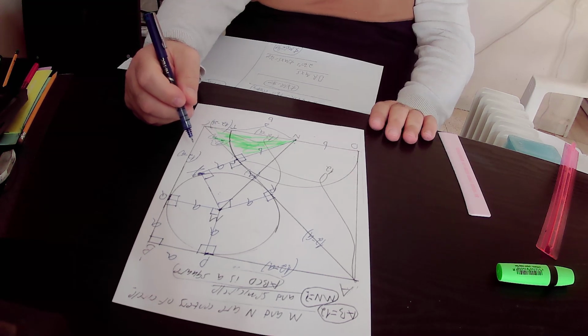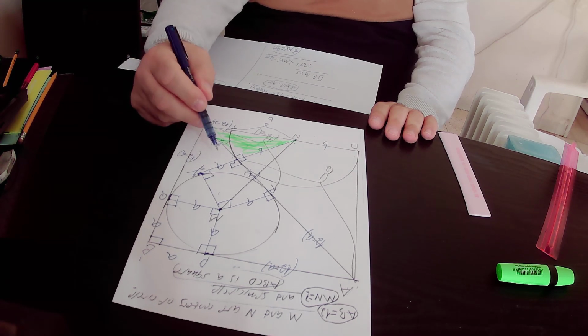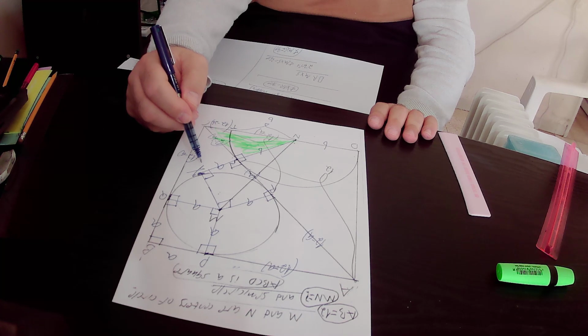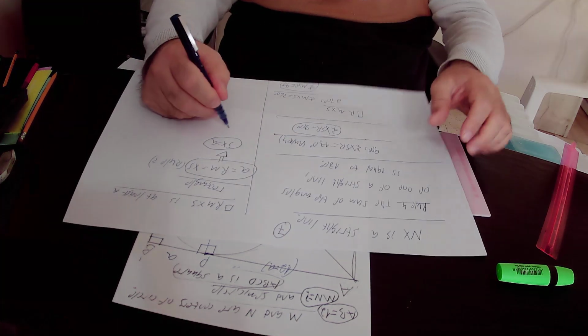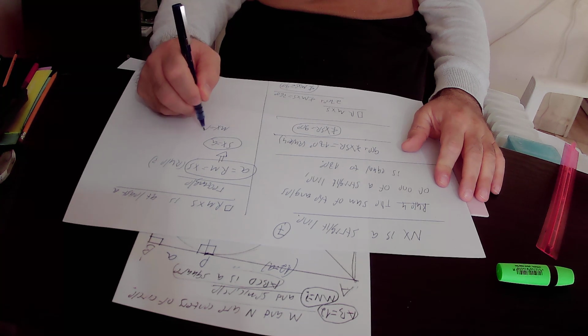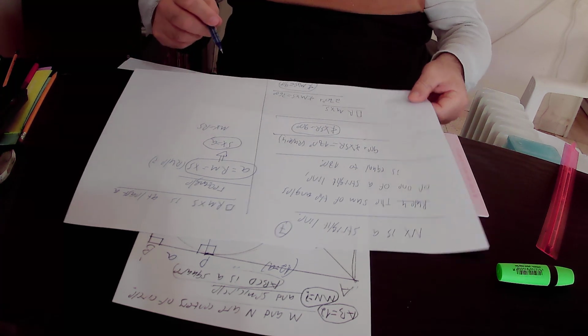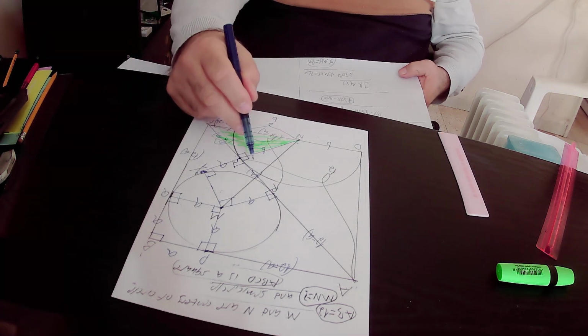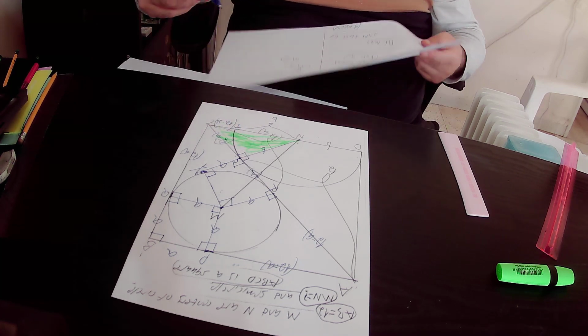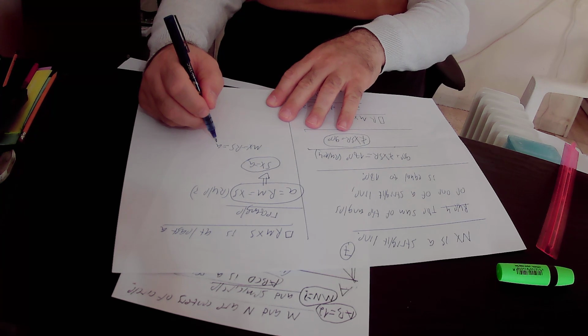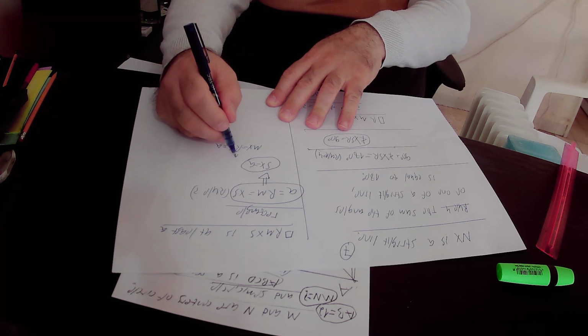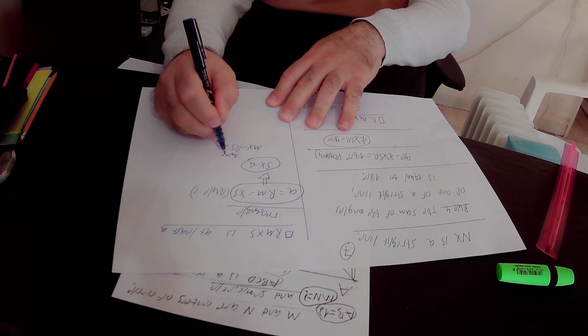Likewise, in rectangle RMXS, we know that MX must be equal to RS. But we have already found out that RS equals to A. This is according to rule number 3, of course.